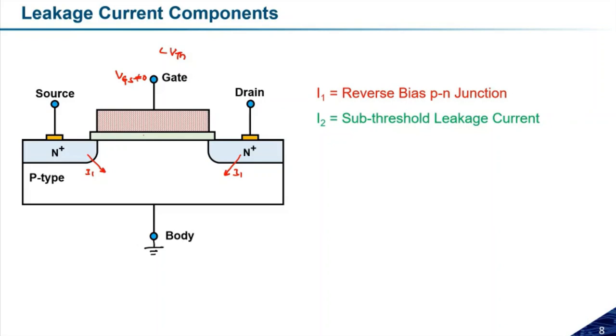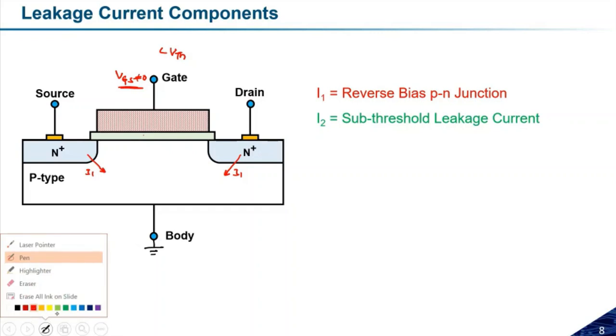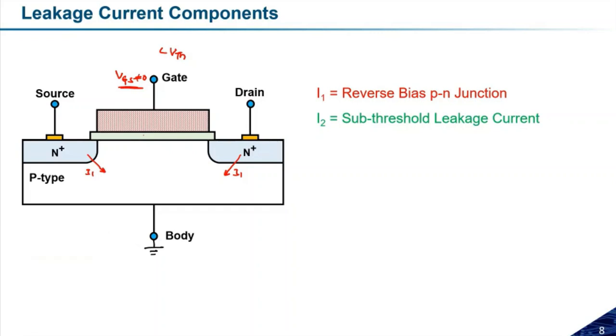Ideally the device should be in the off state, but because the VGS is non-zero, some of the channel will be created. So because of that, some current will flow, and that current we call the subthreshold leakage current. Subthreshold, why? Because the VGS is lower than the threshold voltage. That is why we call the current the subthreshold leakage current.